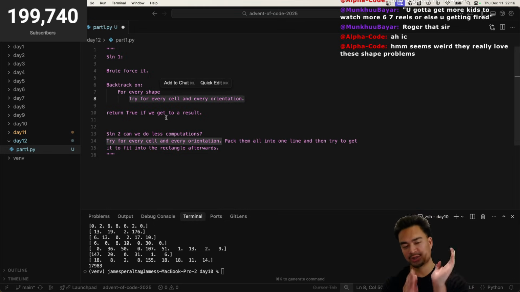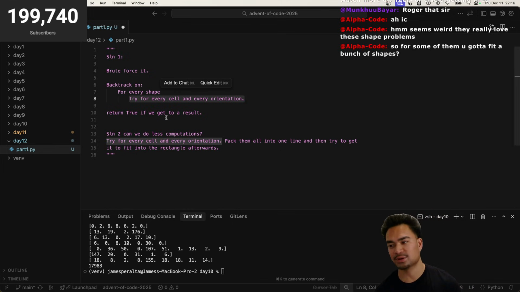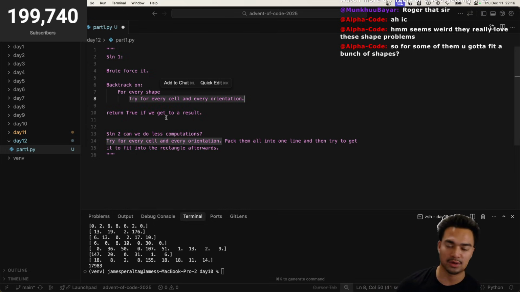So you just try to place it and you just backtrack all the way, until you could see if you're able to place every single shape that you need to do, right? But that just leads to millions of combinations. That's the brute force. Can you just place them?